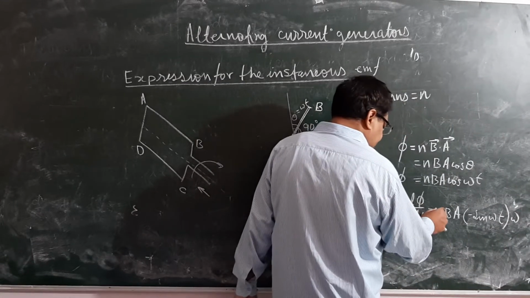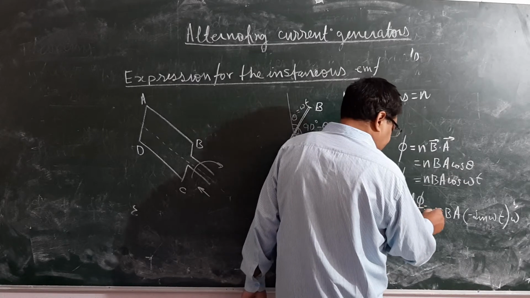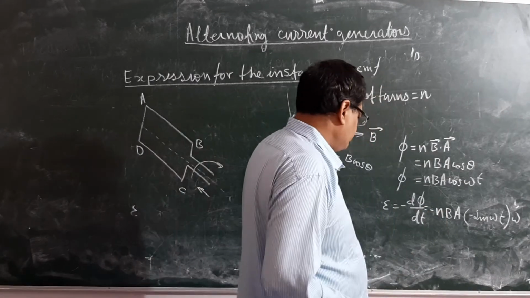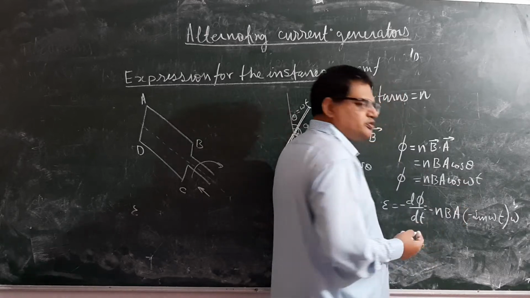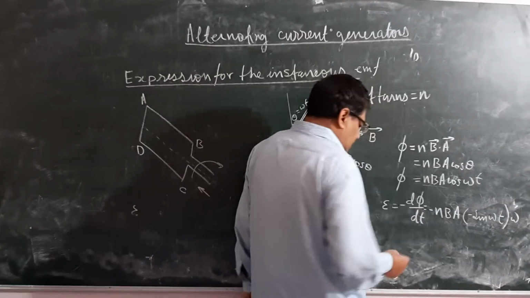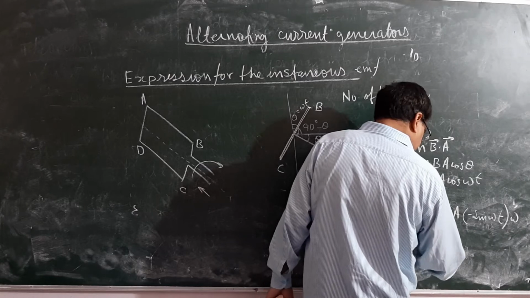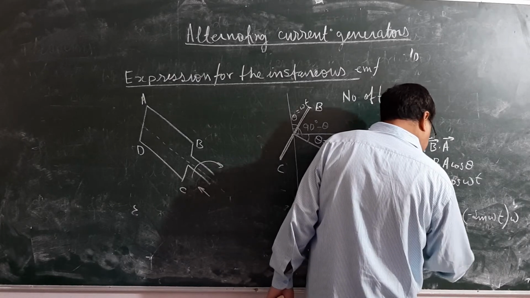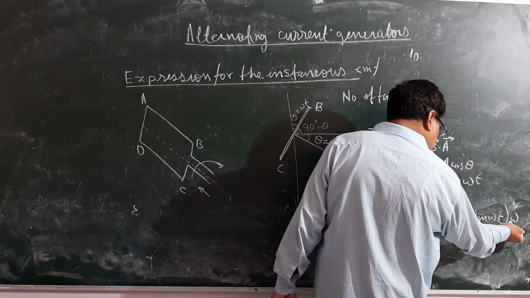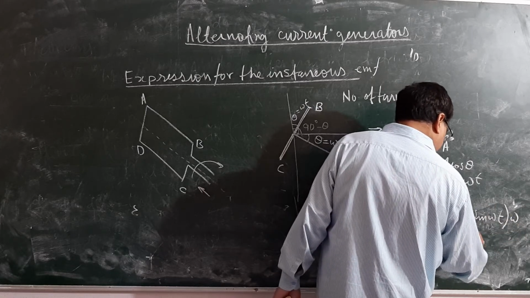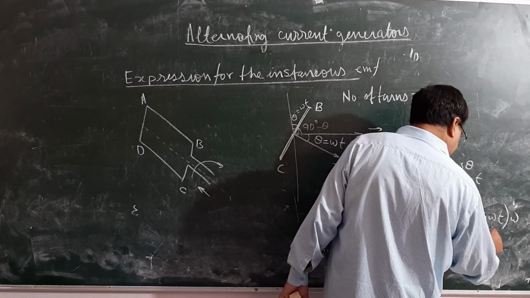As we have a minus sign over here, this minus and minus becomes positive. So ultimately we will get NBA, and omega is also constant, we'll bring it over here. So sin omega t.